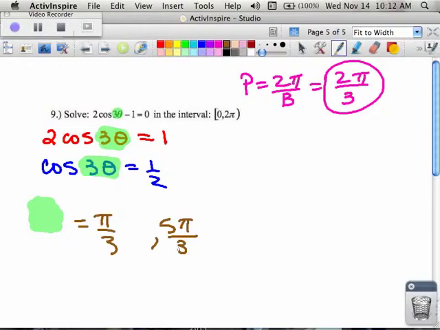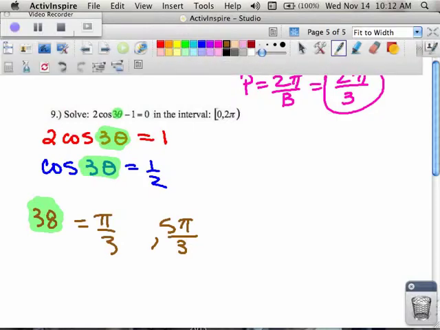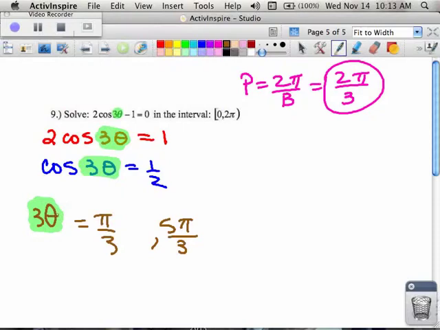But that's when we normally have a period of 2 pi, which is just x, or theta. We have 3 theta. So in this green blob, I see a 3 theta, which means I have to divide each of those by 3, or in other words, multiply by 1/3.